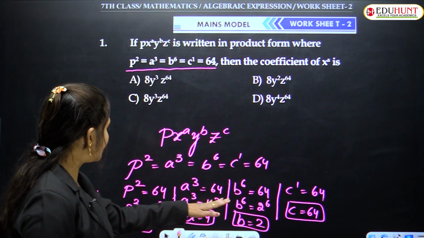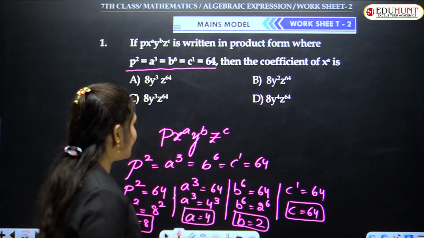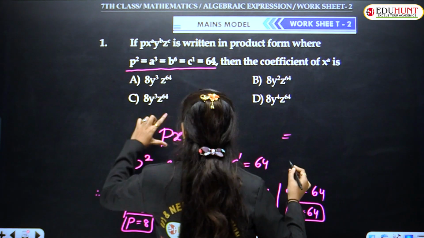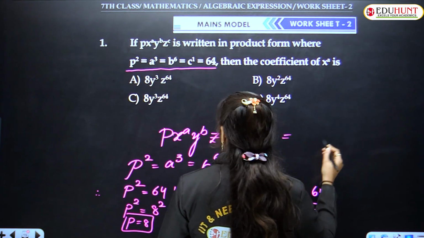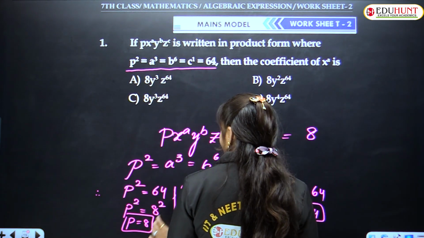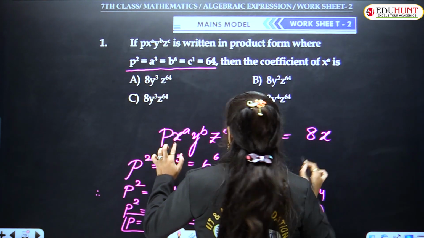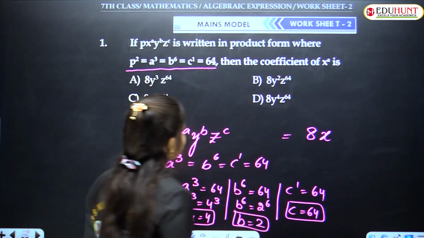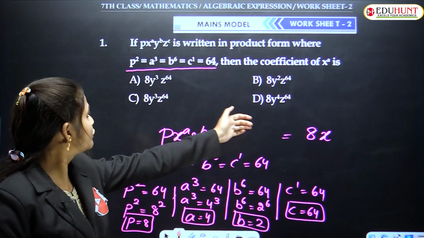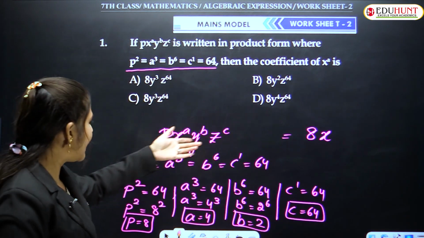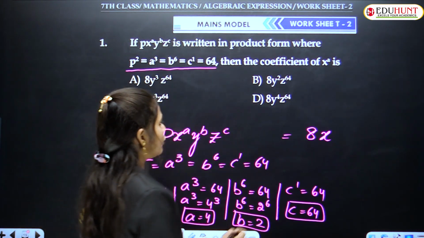Okay. Now substitute these values in the given expression. Here p is equal to 8, and x power a is x power 4 only, no?